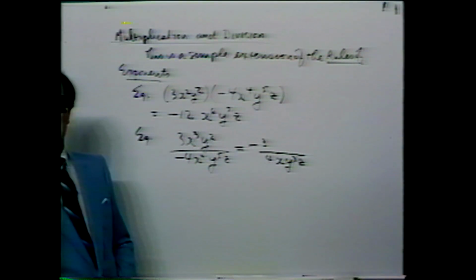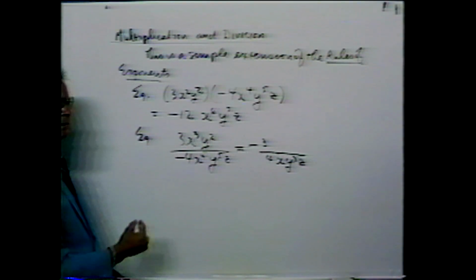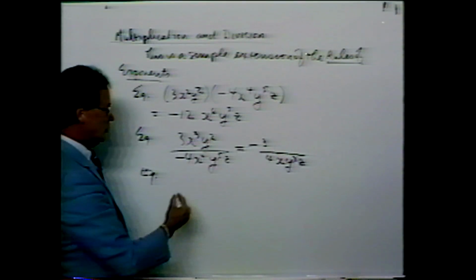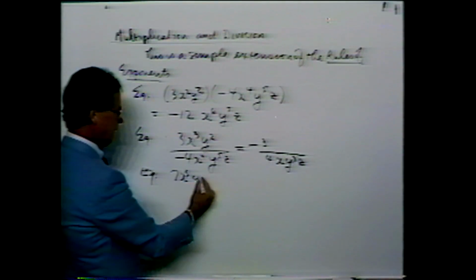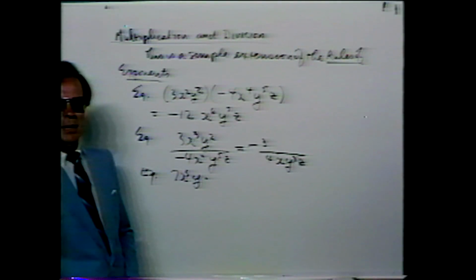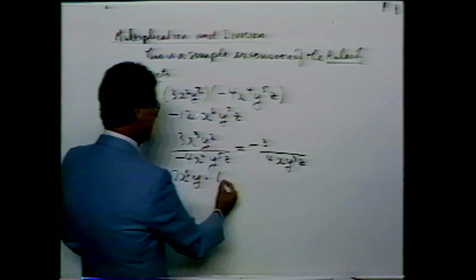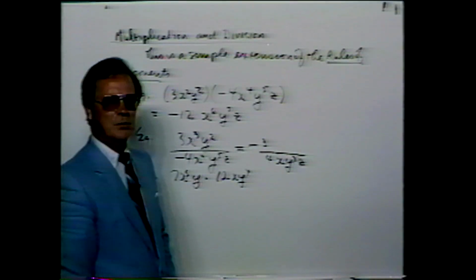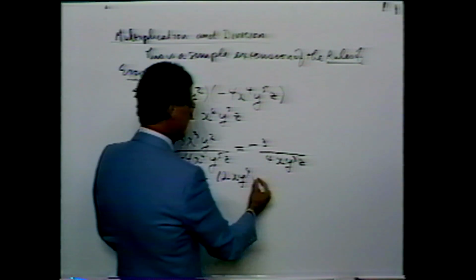In the next problem we have 7x cubed y multiplied by 12xy to the 4th multiplied by 3xa cubed.